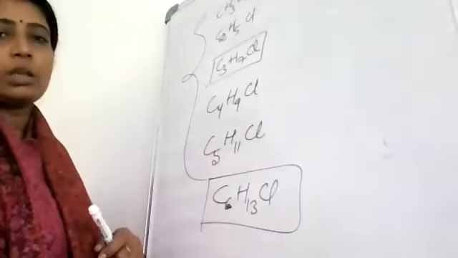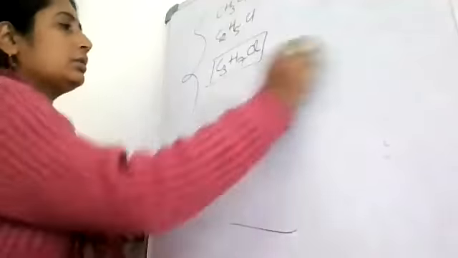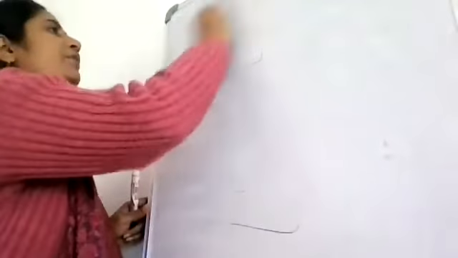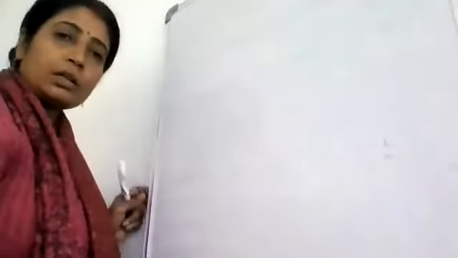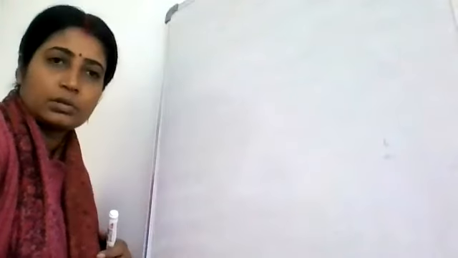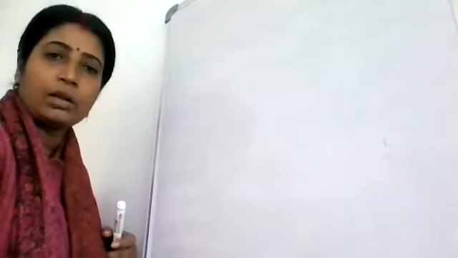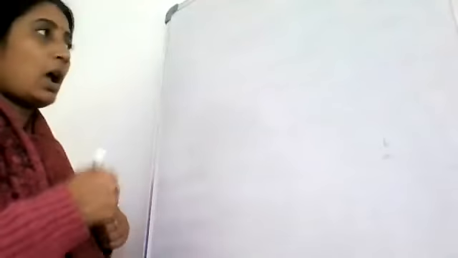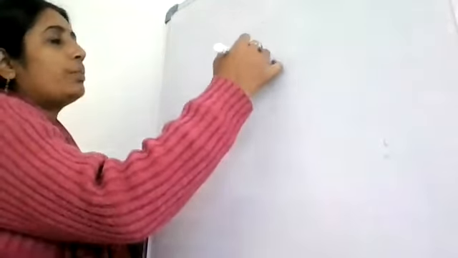Now if you have no question, one thing I want to add here. Now this is a functional group. Functional group is said to be present in the terminal. But this is a functional group which may be present anywhere. You have said chloropentane.